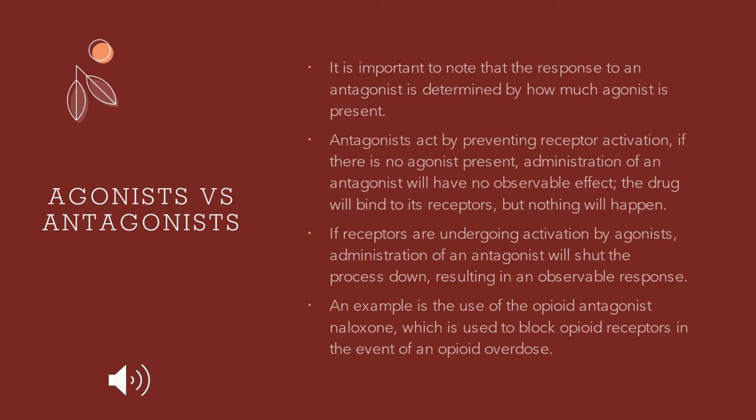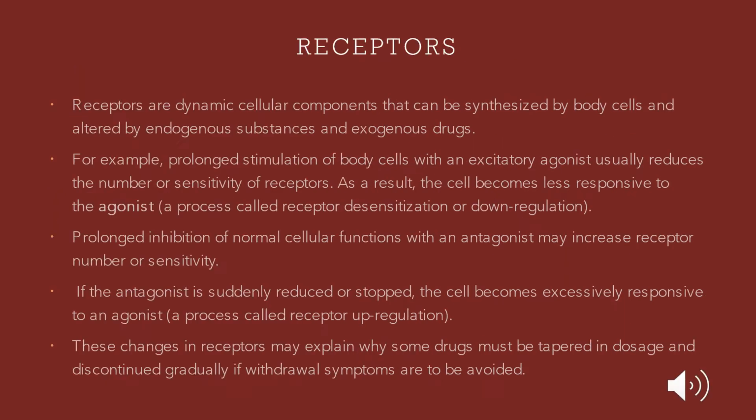On the other hand, if receptors are undergoing activation by agonist, administration of an antagonist will shut the process down, resulting in an observable response. An example is the use of the opioid antagonist naloxone, Narcan is the other name, which is used to block opioid receptors in the event of an opioid overdose.